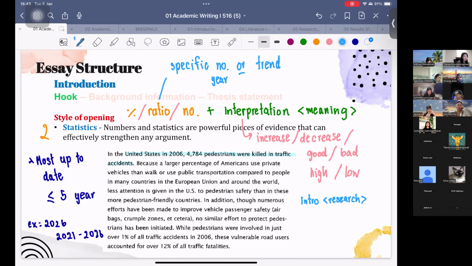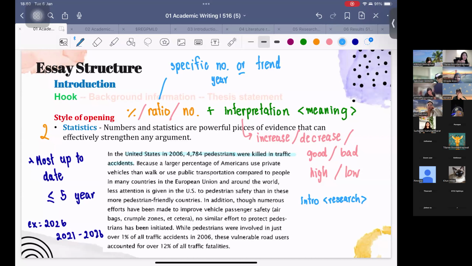for statistics, keep it within 5 years. And this includes any reference that you provide to support the argument, the point that you made in your introduction as well. 5 years would be recommended.